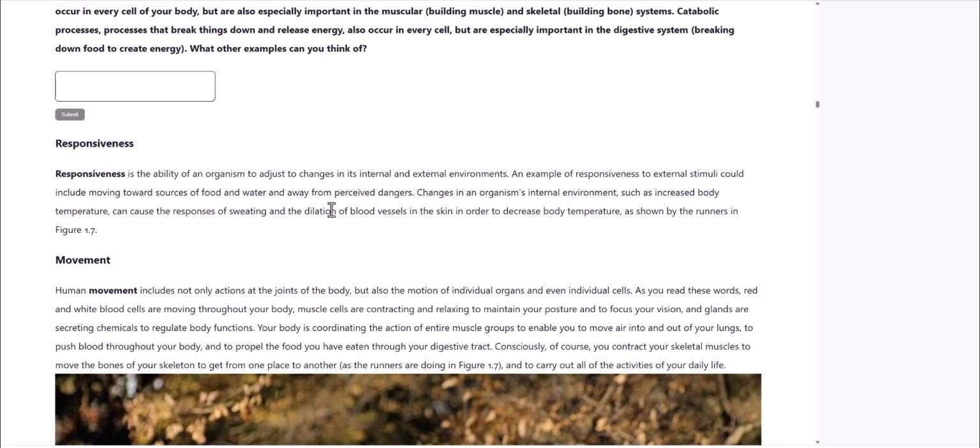Each of your cells internally also responds to its environment and can change. Blood vessels can dilate, sweat glands can release, muscles can contract or relax. There are many things happening in your body that respond to the individual environment.